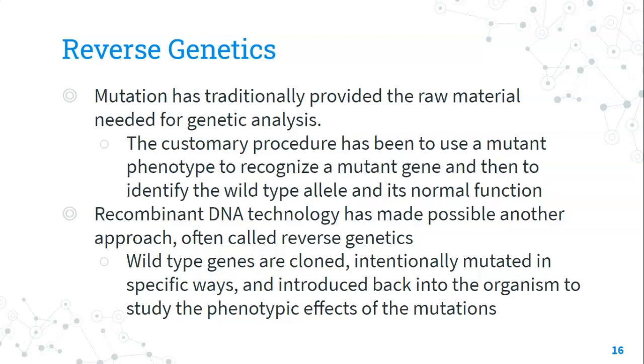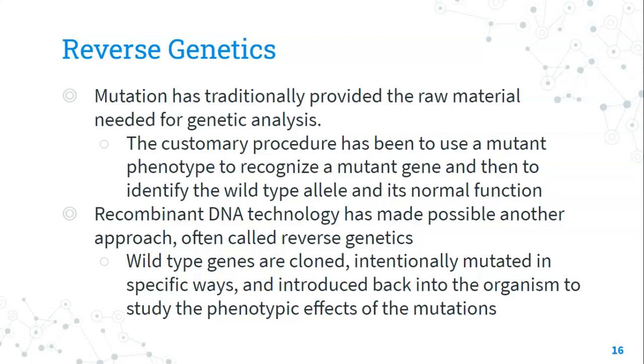From there, you can recognize the mutant gene, then identify the wild type allele and its normal function, right? You typically start with the mutant phenotype to recognize that there even is a mutant gene, and then identify the wild type allele and its normal function.